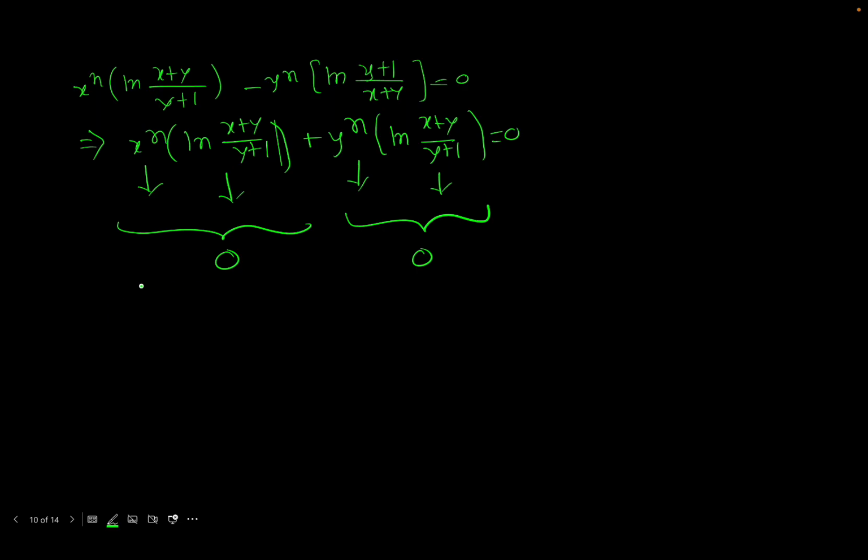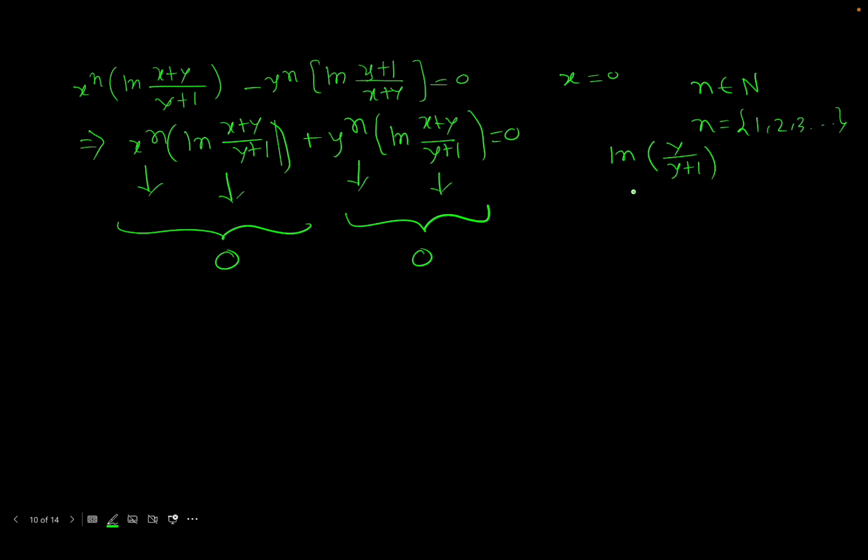Assume x equal to 0, and n is a natural number, so n will never be 0, n will be like 1, 2, 3 and so on. Now if x equal to 0, what will happen here? Ln y by y plus 1.